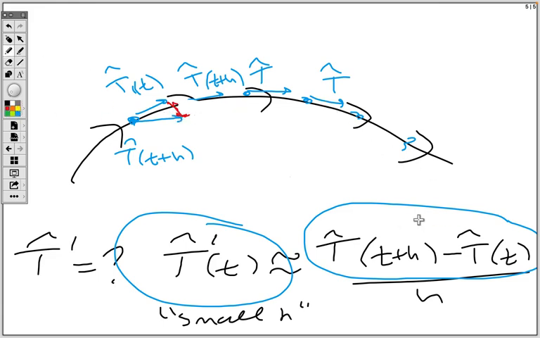As you go around, basically, if I think of T hat as the direction you're going, T hat prime is the rate of change of the direction you're going. It turns out this is the direction that you're turning. You follow?